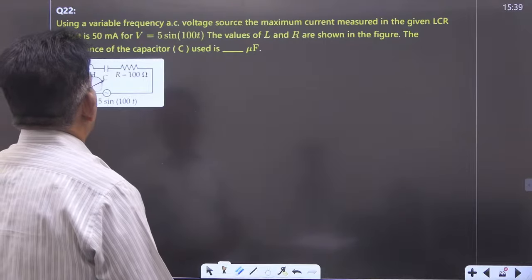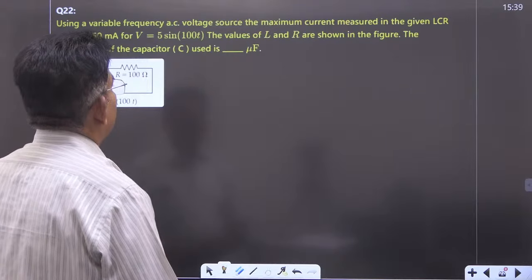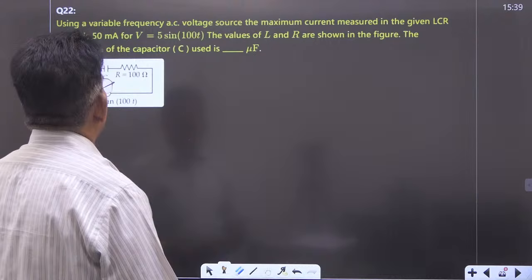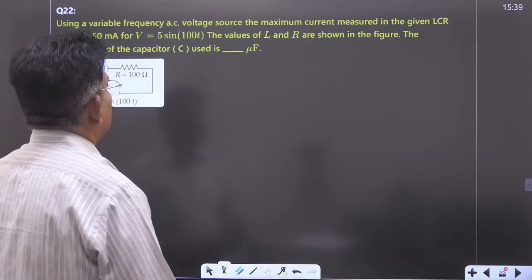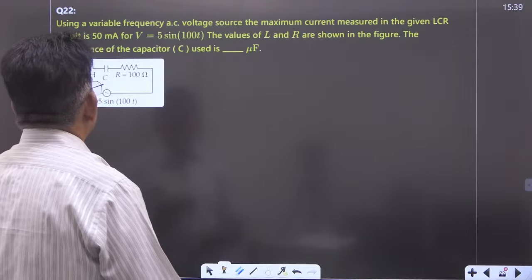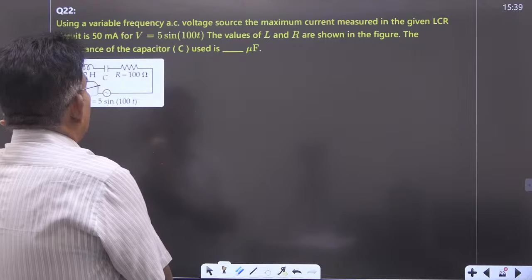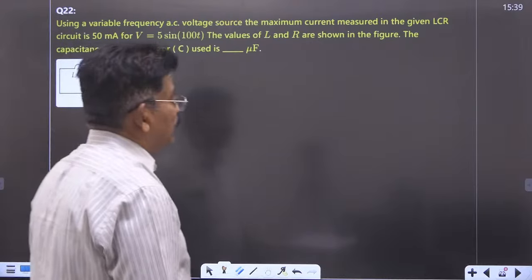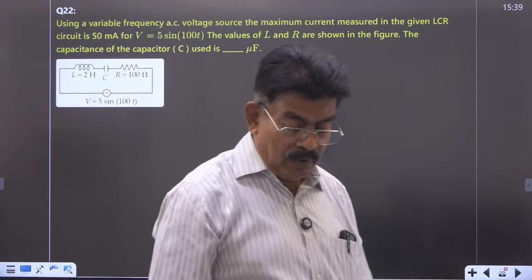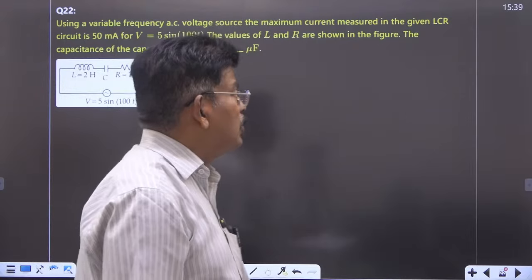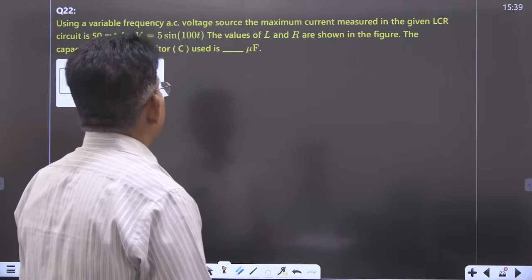Now, using a frequency AC voltage source, the maximum current is measured in a given LCR series circuit, with values of L and R shown in the figure. Tell me the capacitance of the capacitor used.